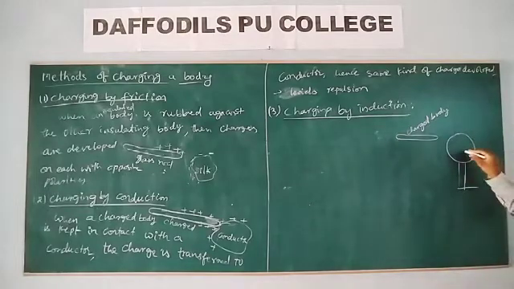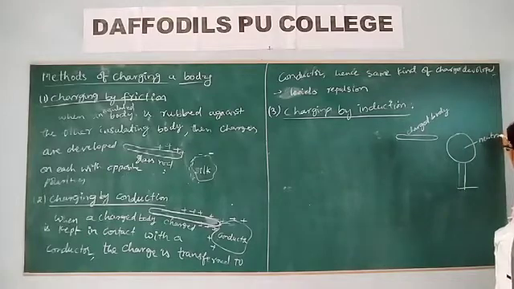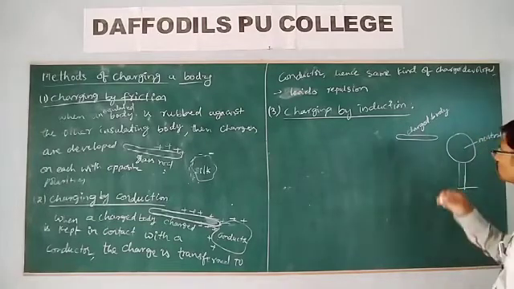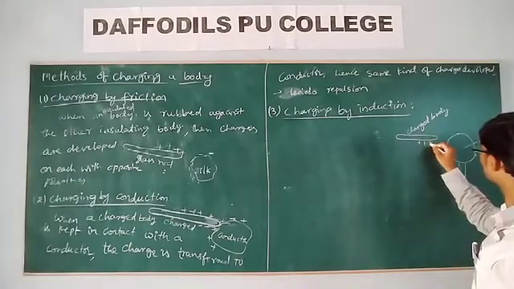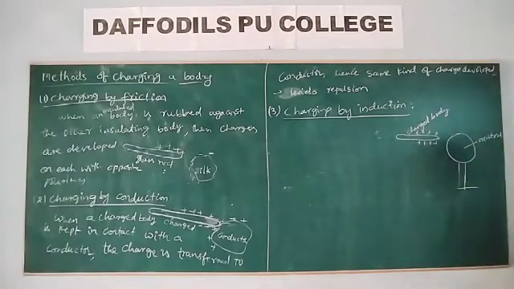A charged body is kept nearer to a conductor, which is a neutral body. Now I have taken a positively charged body. This is the insulated stand.